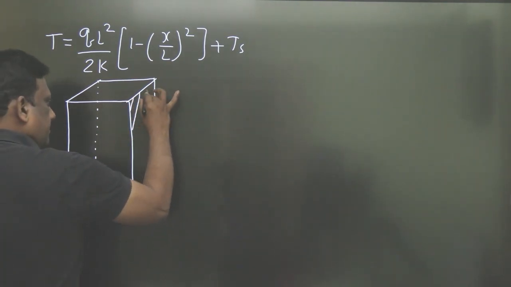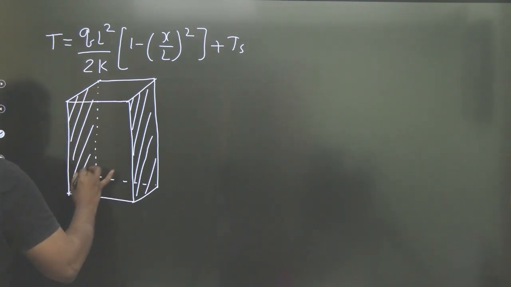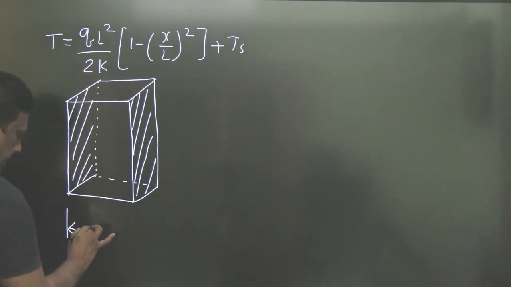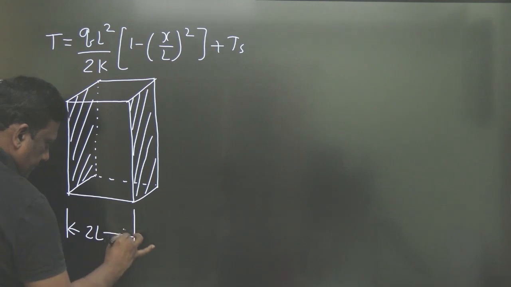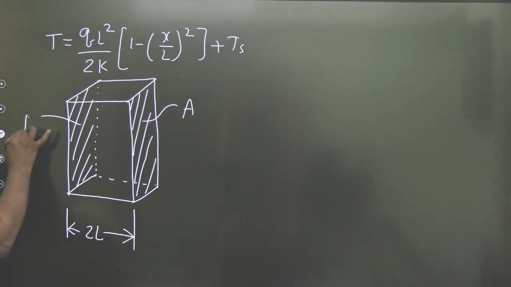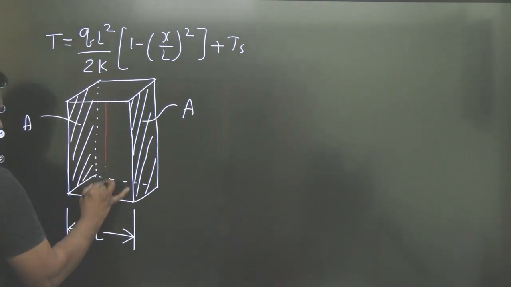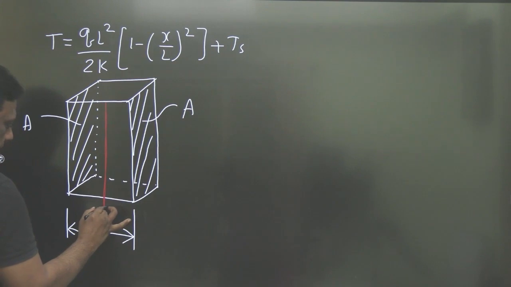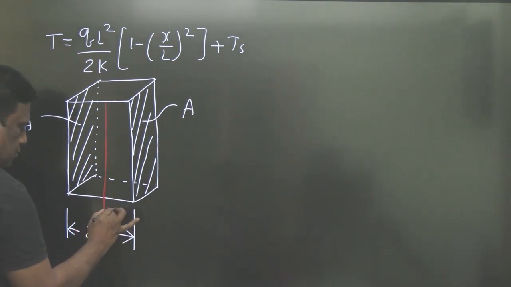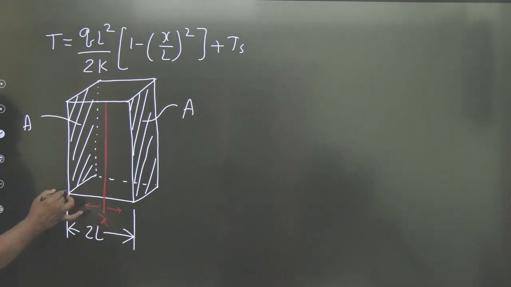Please, my dear students, this is the area, and this length is 2L. Let this area be A, and this is also A. Look carefully. Let this be the center, the origin is here at x. This side is positive and this side is negative. Clearly here it is minus L, and here it is plus L.